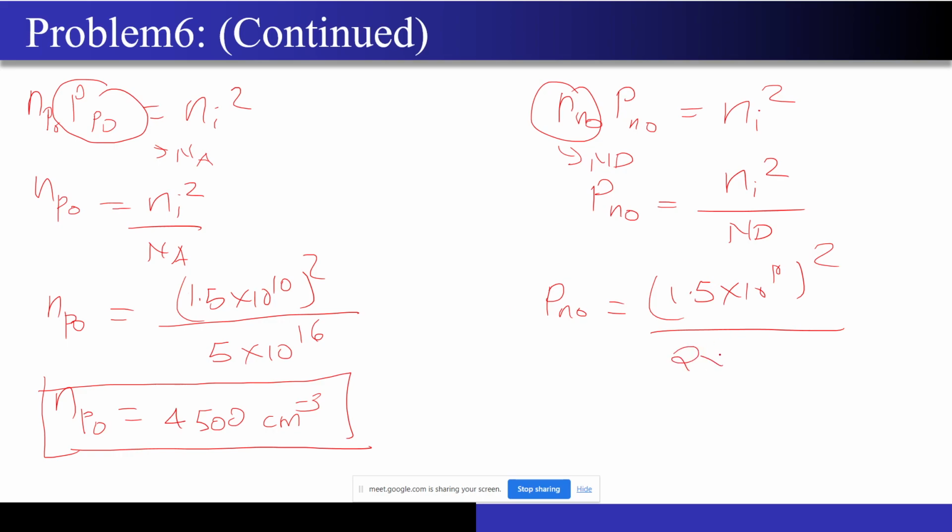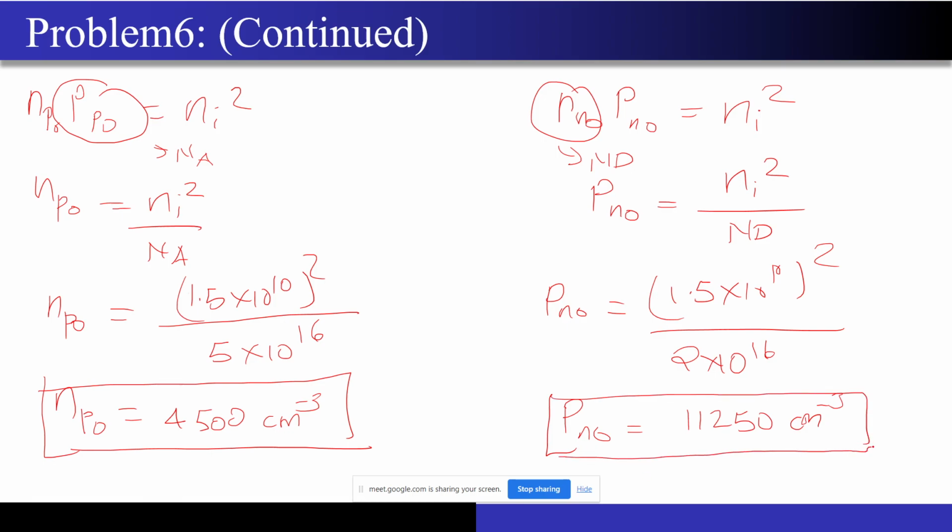This value will come out to be around 11,250 per centimeter cube. Just see how small these numbers are, and they should be small because they are the equilibrium minority carrier concentrations.